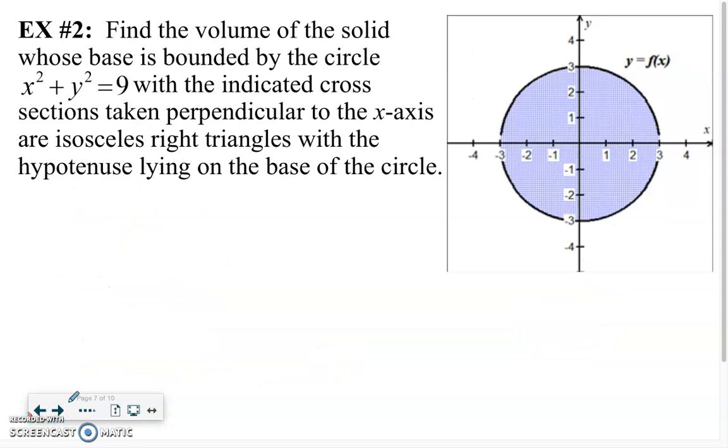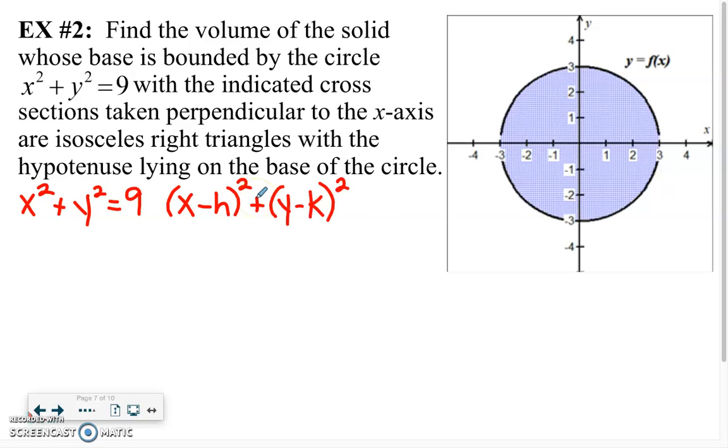All right, let's look at another example. It says find the volume of the solid whose base is bounded by the circle x squared plus y squared equals 9. Real quick about that: circles have an equation format of (x minus h) squared plus (y minus k) squared equals the radius squared.